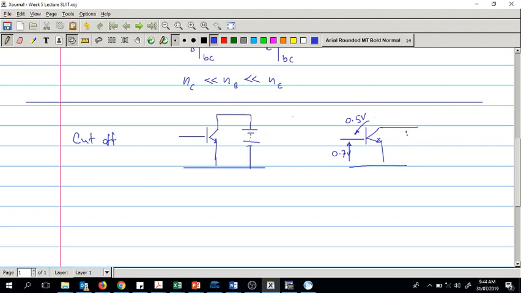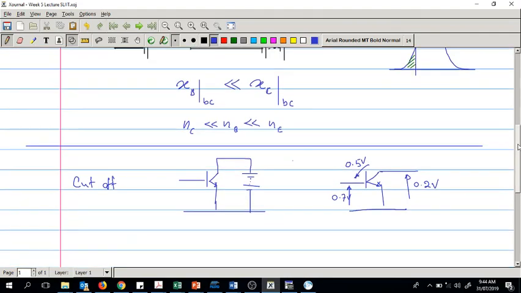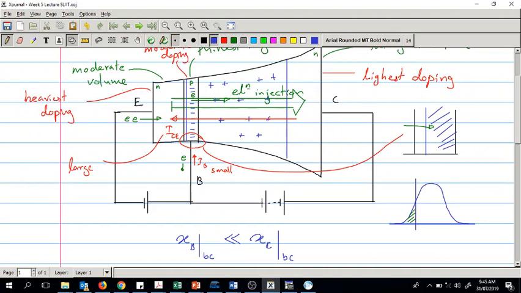Now what is the voltage that you have here then? 0.7 minus 0.5, it is 0.2 volts. Still you have a forward voltage, and what will be the current through this path? Because now this is forward biased, the depletion layer here is reduced to a great extent, so that you can have conduction happening, right? So that is saturation.